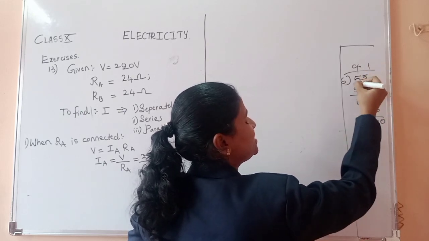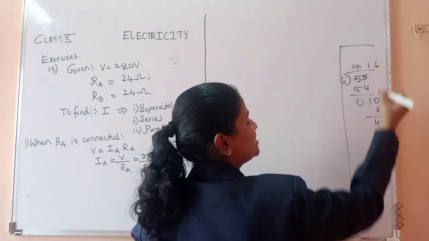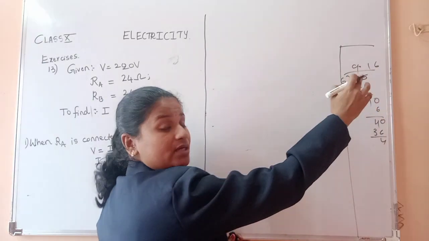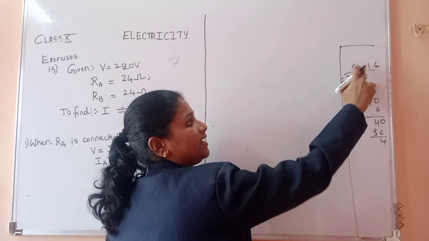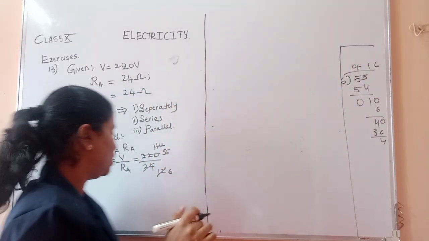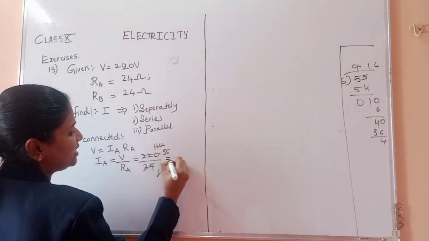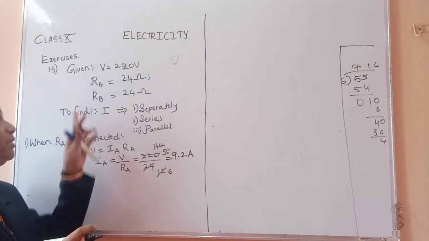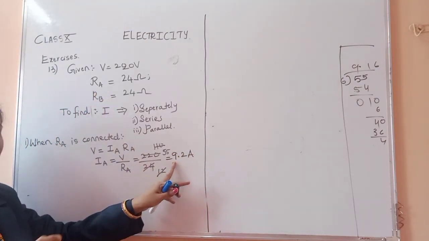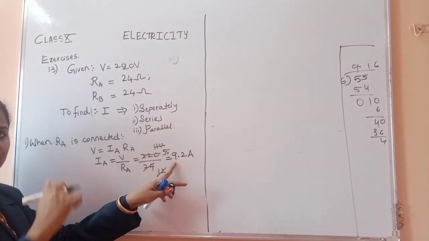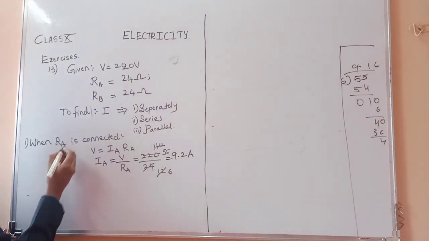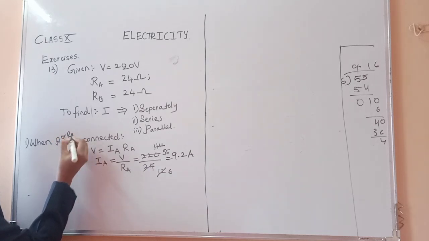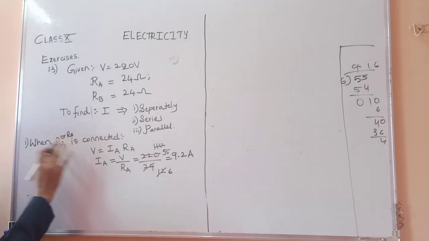Again 0, 6 6s are 36. So it is 4, 1 6 came. As it is greater than 5, we can take it as 9.2. So here the current is 9.2 ampere. So when you take it for B also, it will be 9.2. Why? Because both the values are same, guys. Next, RA we can write or RB, because as both the values are same, you can write like this.